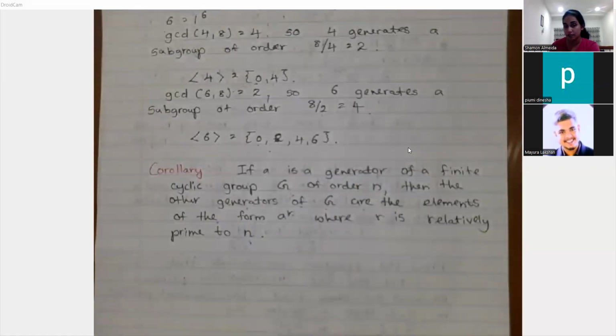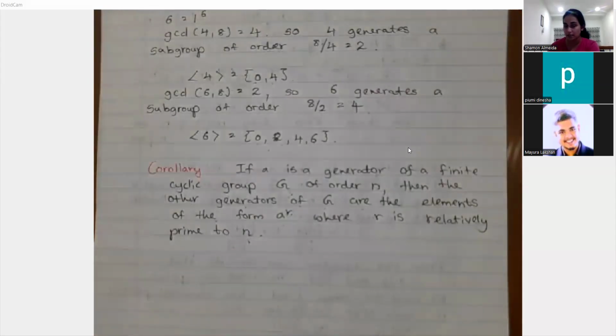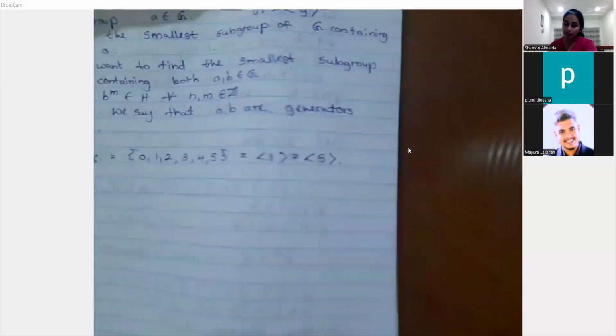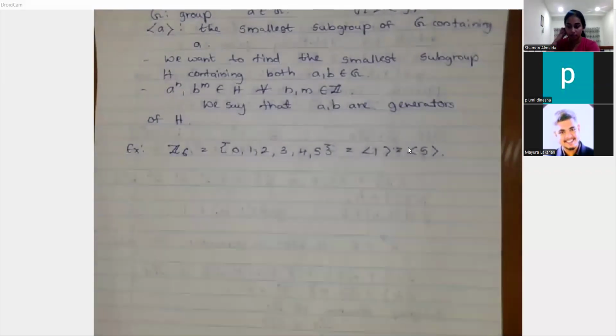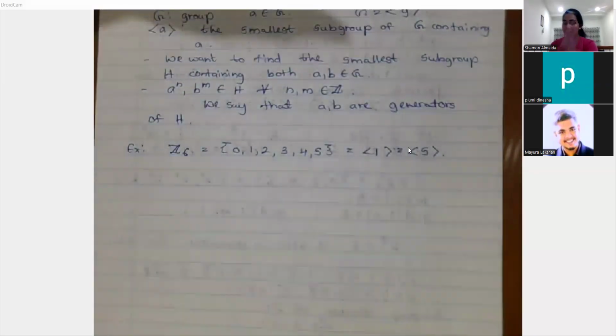We only have 5, right? Because in this group, we have all the elements 1 to the power of 0, 1, 2, 3, 4, 5. That's it, right? Out of those, the only number that is relatively prime to the order of the group, which is 6, would be 5, because 1 is already a generator. That's why we have these two to be the only single element generators, right?